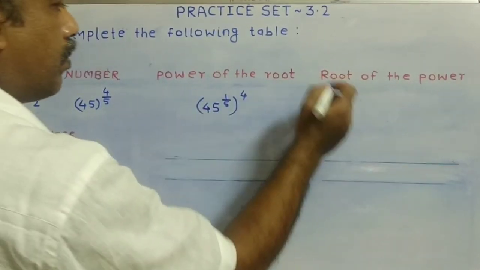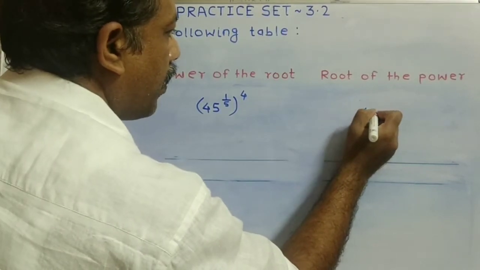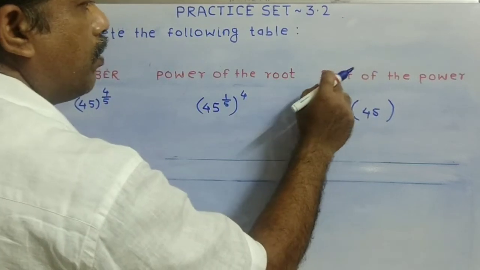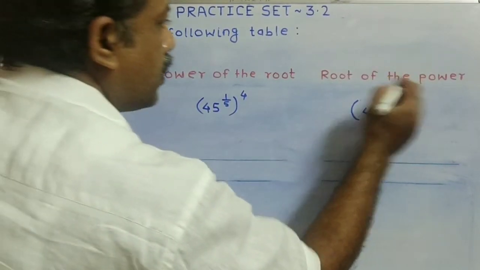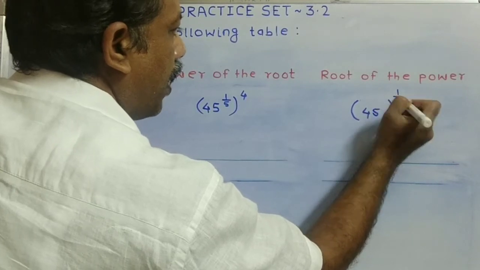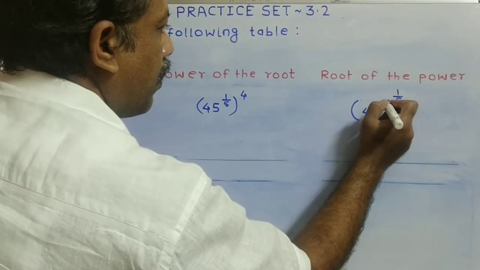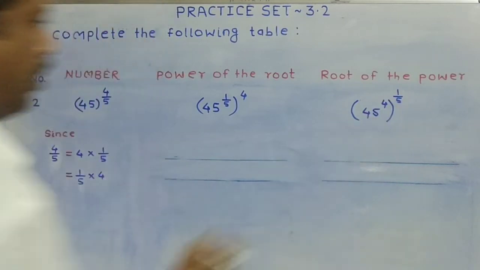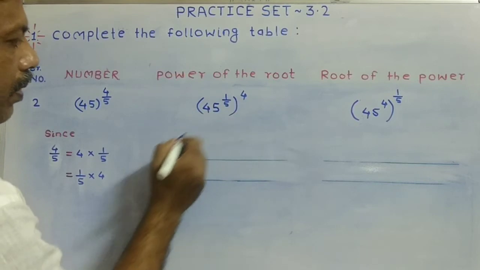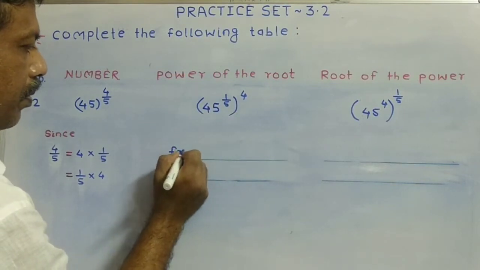In the similar manner, now interchange it. What you want? First write down 45. Then take a bracket. Now you want the root of the power. It means you start from your root. Which is your root? 1 upon 5. And which is your power? That is 4. Now you can easily write down here like this. Which power?